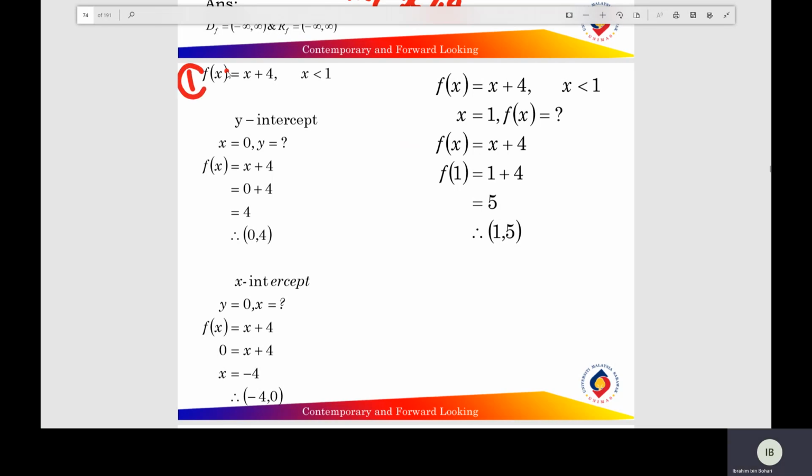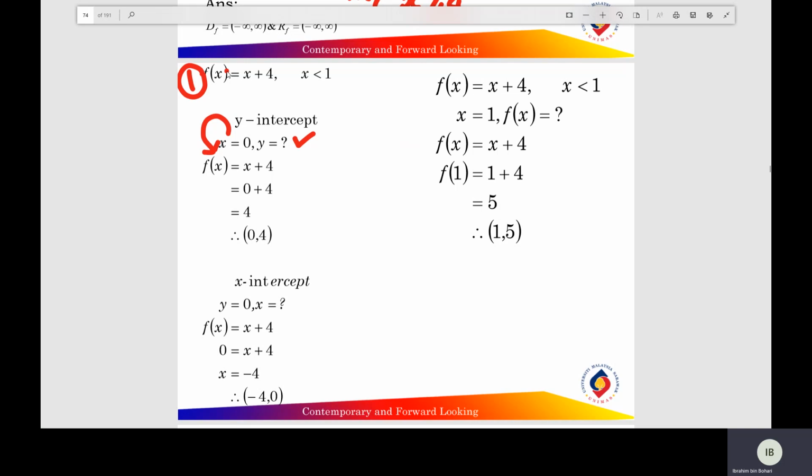Before you sketch the graph of the linear function, first you find the y-intercept and x-intercept of the function. So the y-intercept of the function is when x equals 0, so you find the value of y. You substitute 0 into the function, so you find f(0).